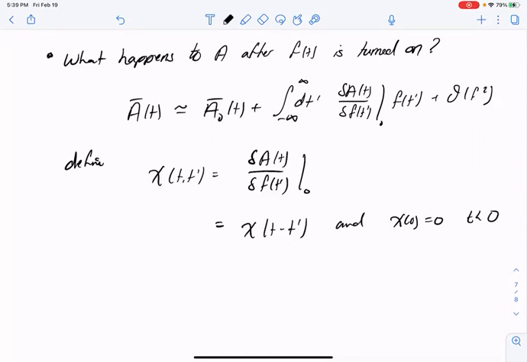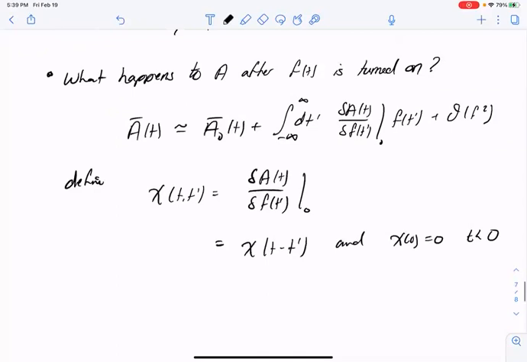Namely, causality must ensure that A of t bar does not differ from A bar not before the force is turned on, imagining that the force is turned on at the origin of time, t equals 0.